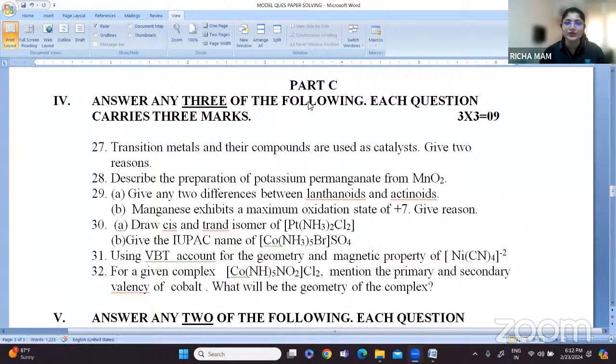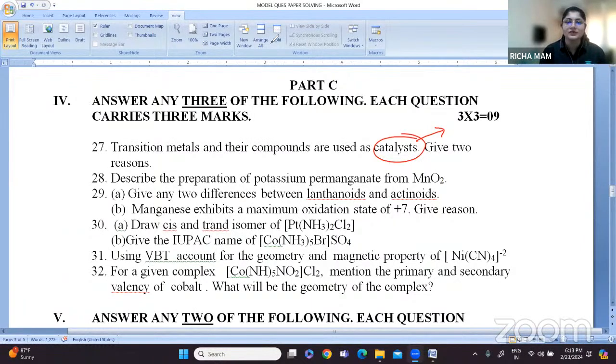Can you give me any 2 reasons why transition metals and their compounds are used as catalysts? What is the role of a catalyst, students?